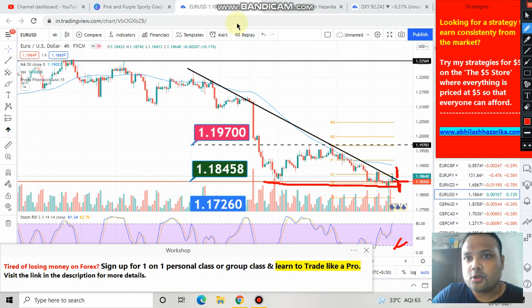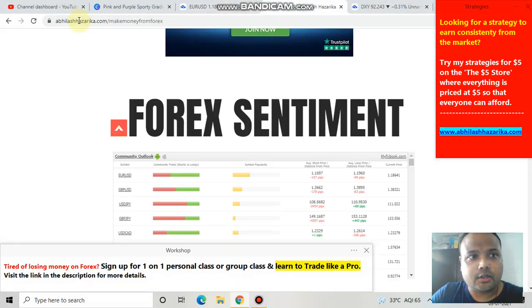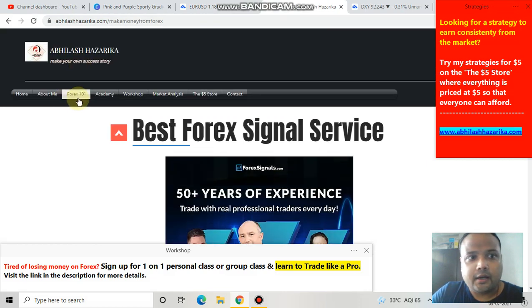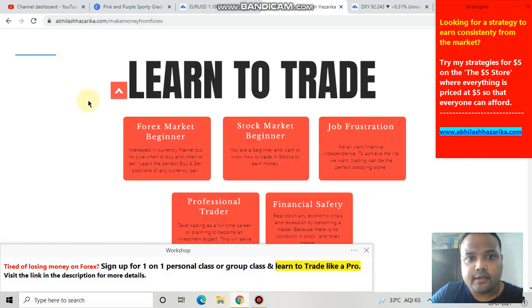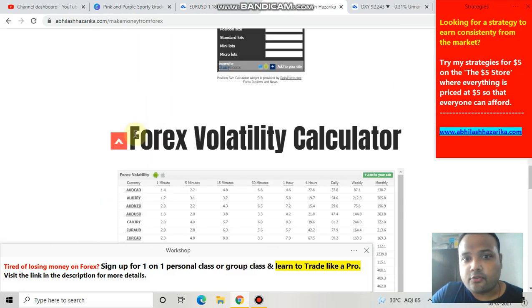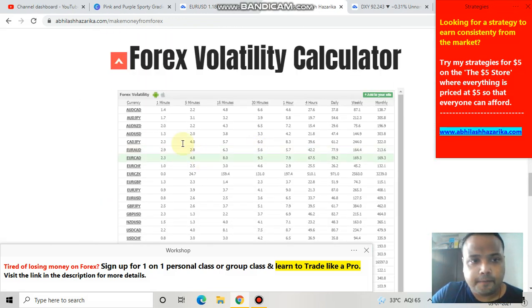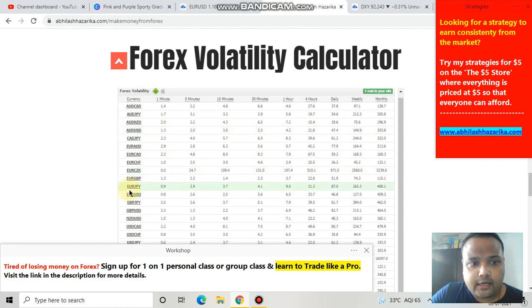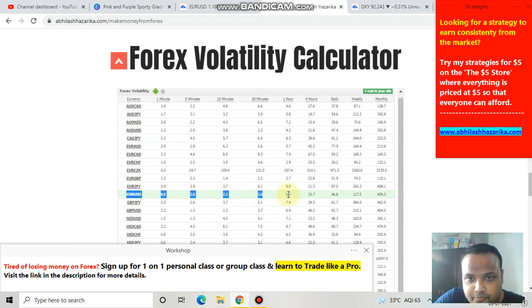Go to my website avilashhajarika.com, and under the Forex 101 section you will find this Forex volatility calculator. Just come down to the Euro USD. You can see that in the weekly chart, Euro USD has given a movement of 127 pips. In the daily chart, 46.8. In the 4 hour chart, 33.7.